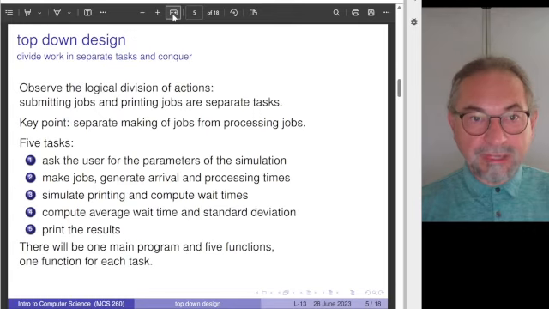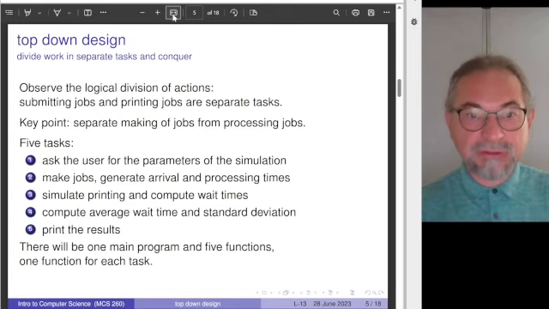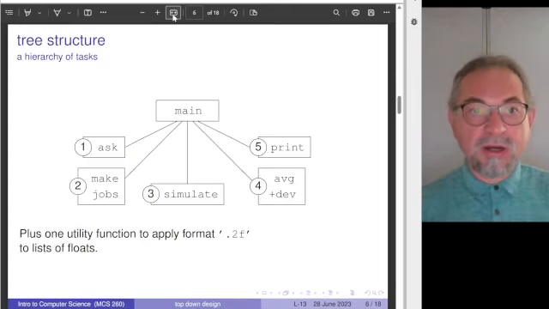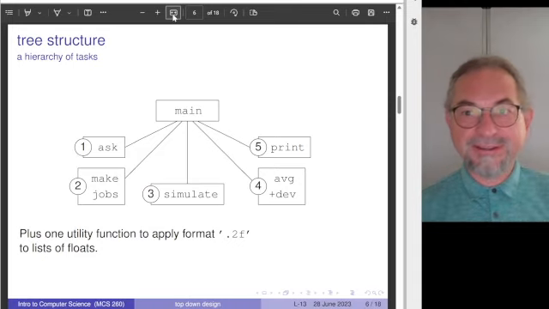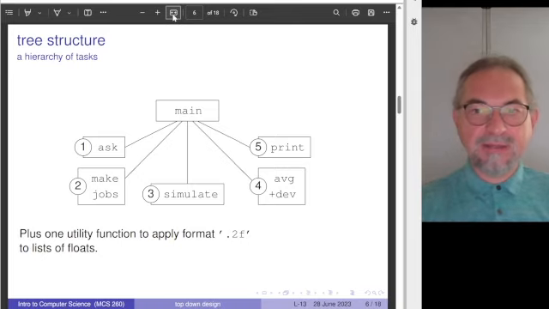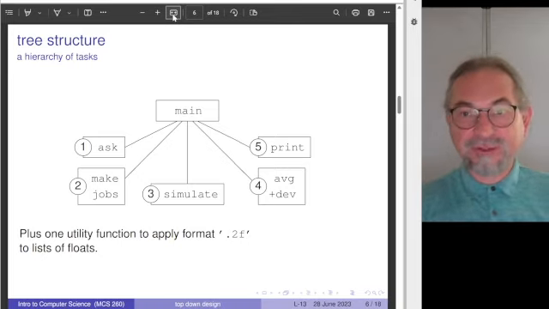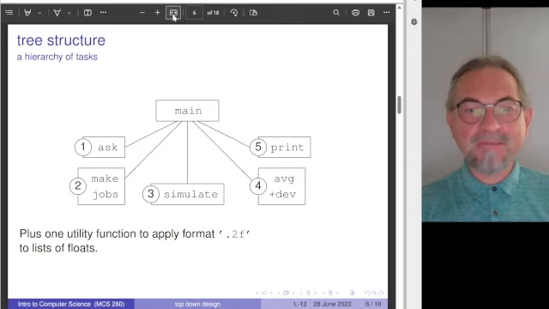So one can look at a functional design of a program. Here it is in a tree hierarchy. If you think about a top-down design, you think about a main, and often there is a function main in the program.